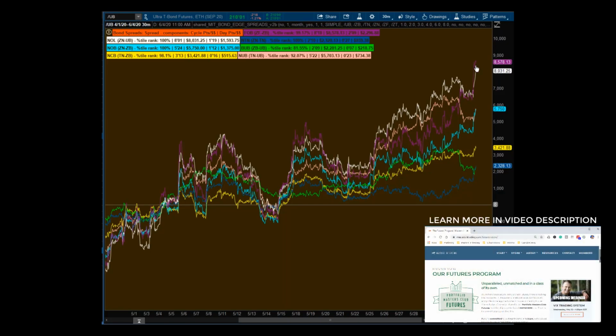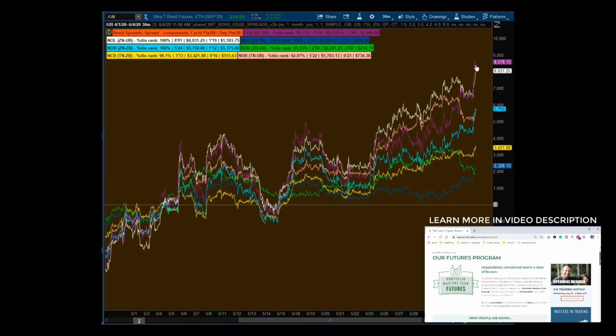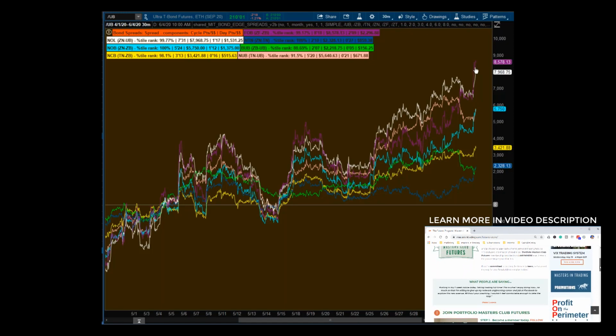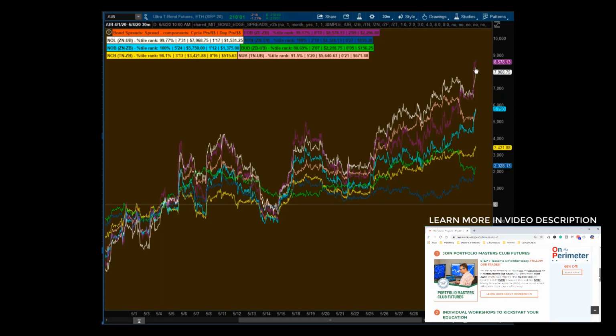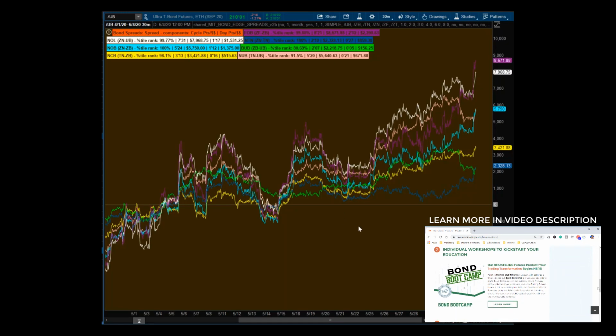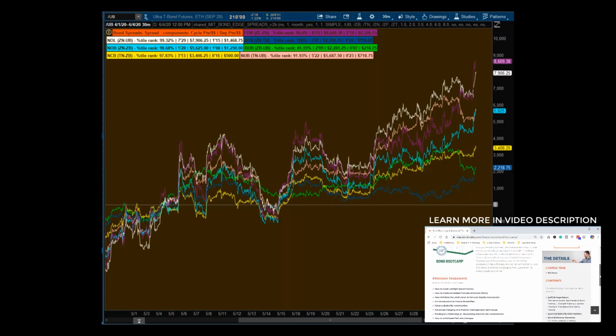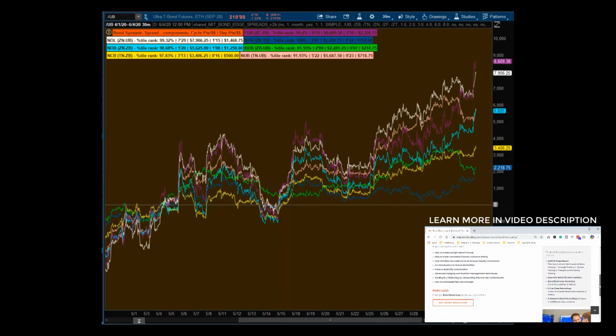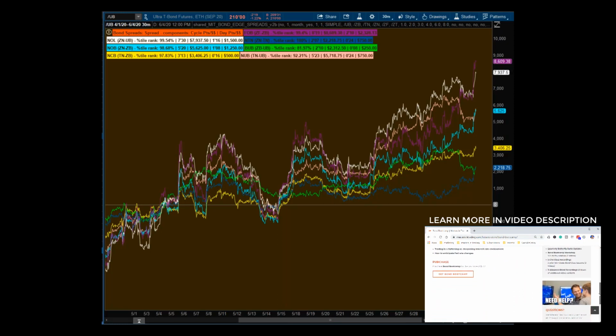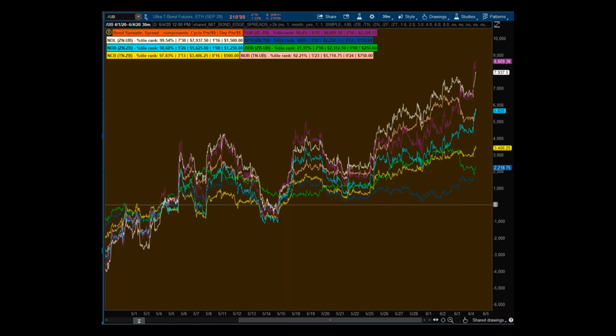I'm going to take off the FOB because I don't think the FOB is really adding to the story. Actually, let me ask you guys, what is the story? What's going on right now with the yield curve? If I called you on the phone and said, real quickly, give me a one line, what's going on with the yield curve? What would you say? What's going on with the yield curve today?